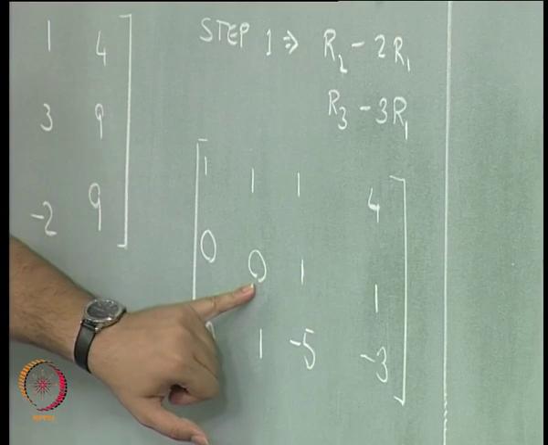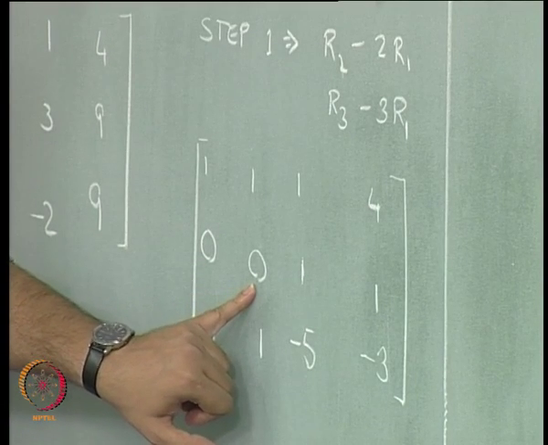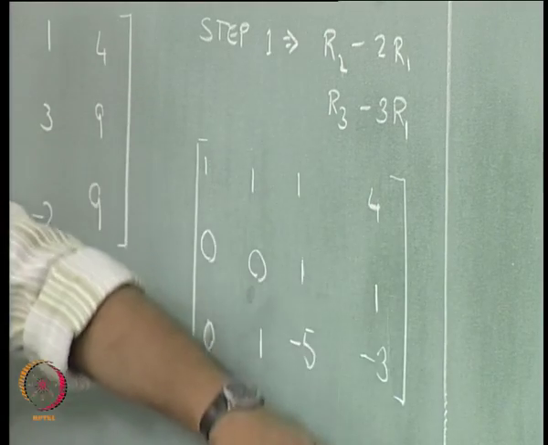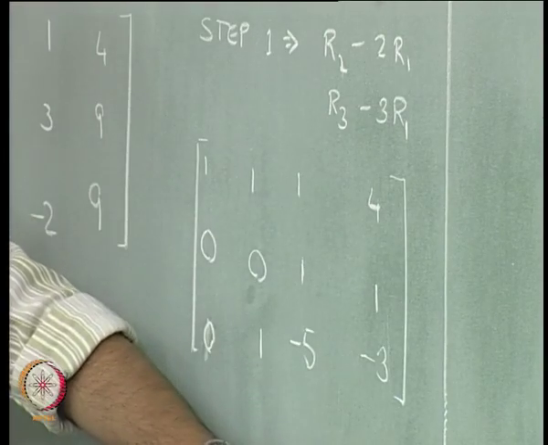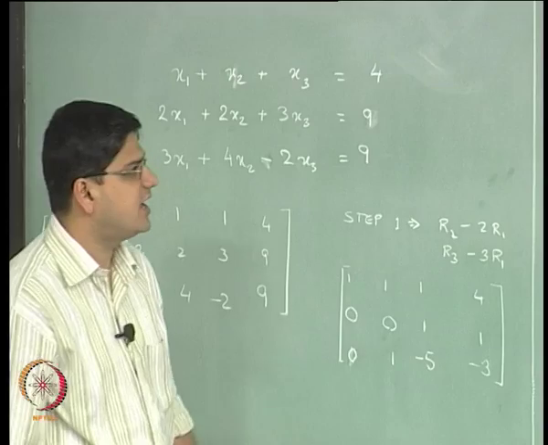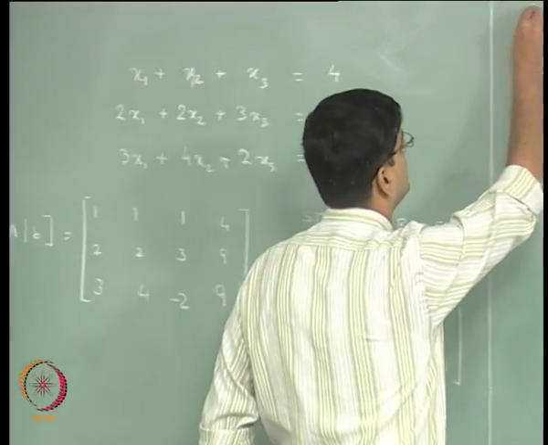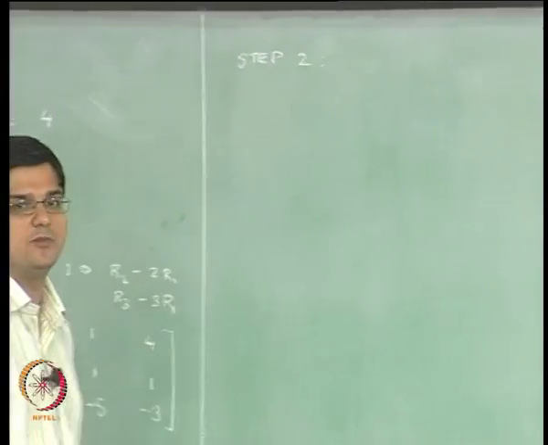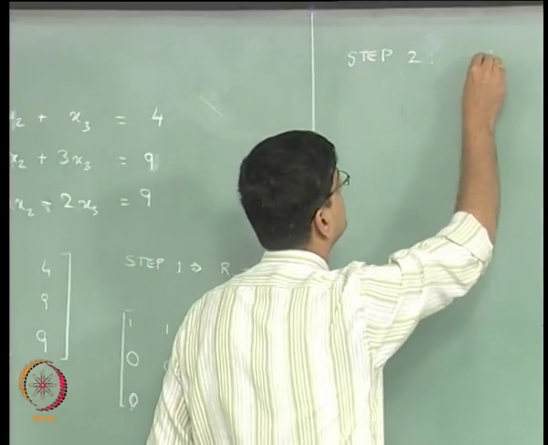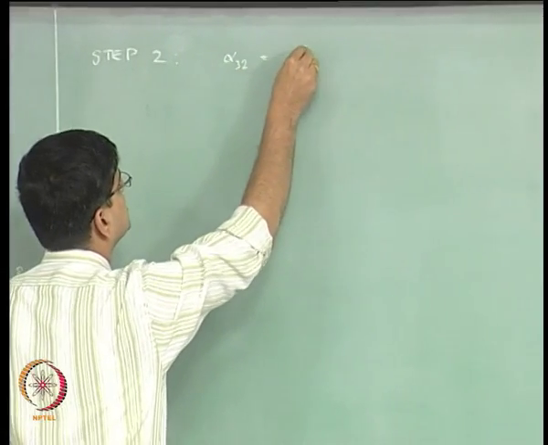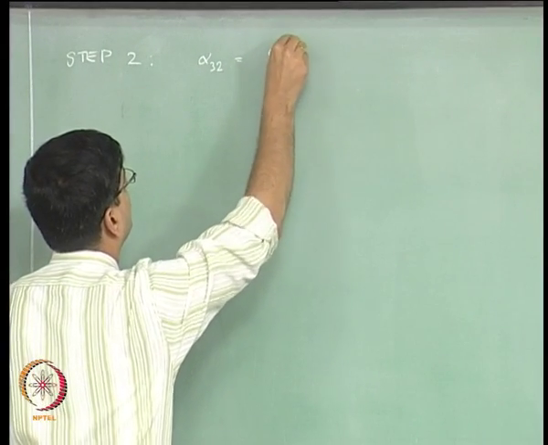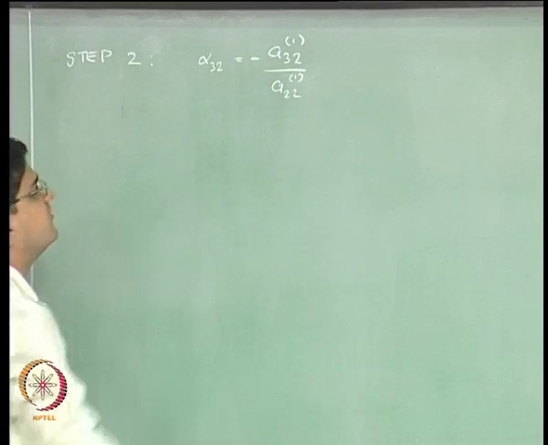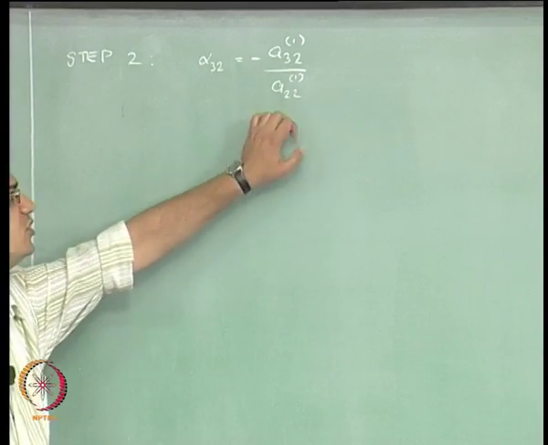So at the end of step 1, this is what we actually get, and what we see over here is that this element, the A22 element after the first row operation, has become 0. As a result of this, we will not be able to continue the row operations any further, and the reason for that is that in step 2 we will need to compute alpha 32, which is A32 divided by A22, and negative of this, that is the negative of the ratio of the coefficients.